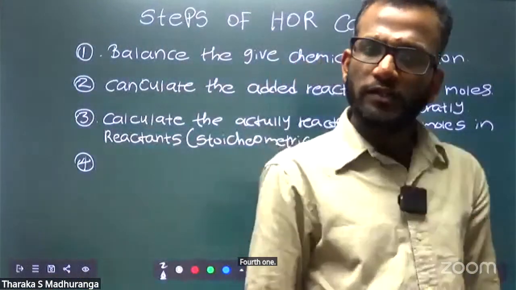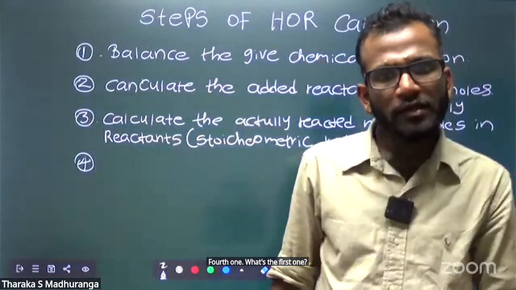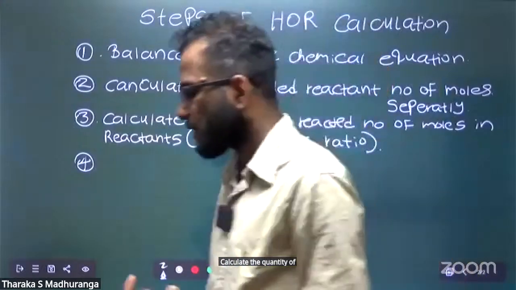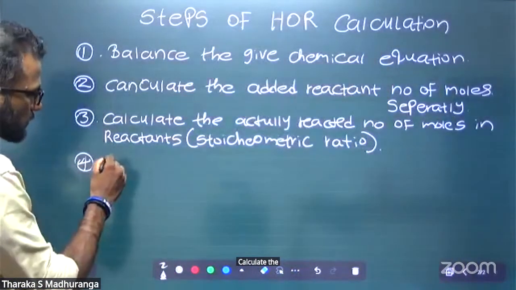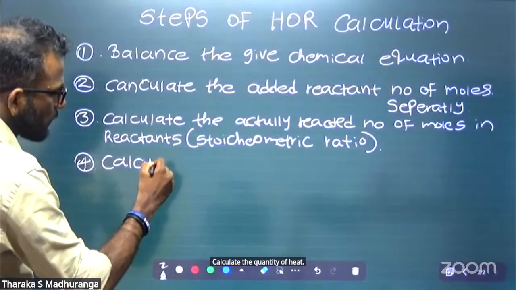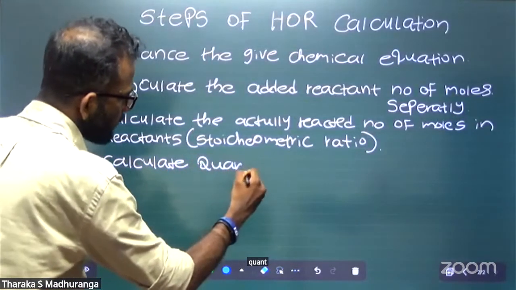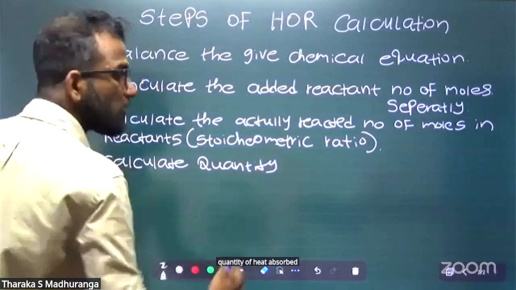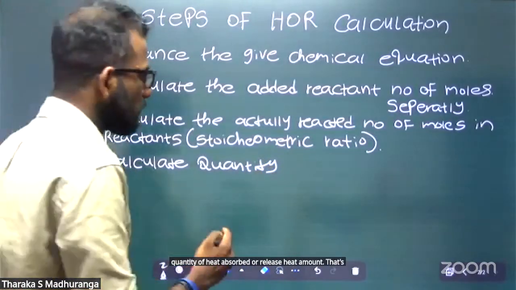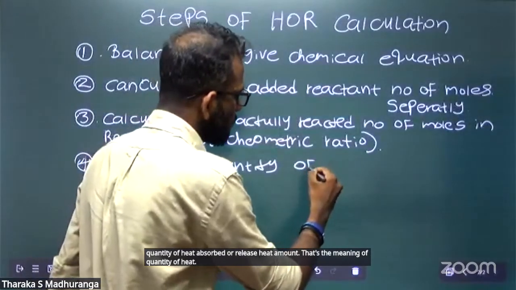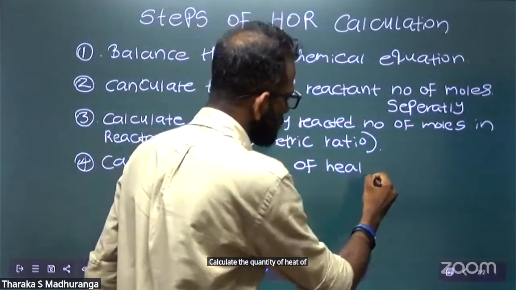Okay, fourth one. Calculate the quantity of heat, the absorbed or released heat amount. That's the meaning of quantity of heat. Calculate the quantity of heat of the above reaction.